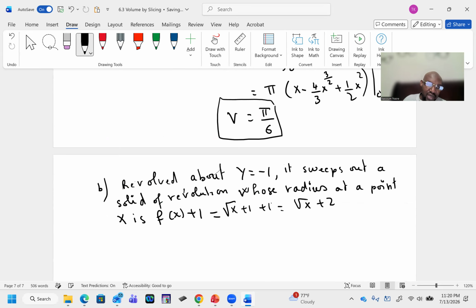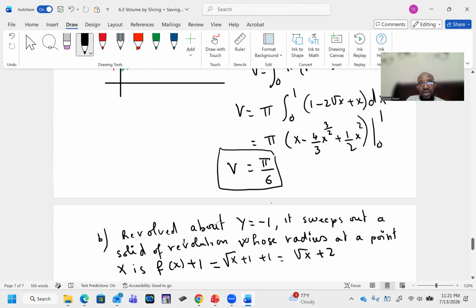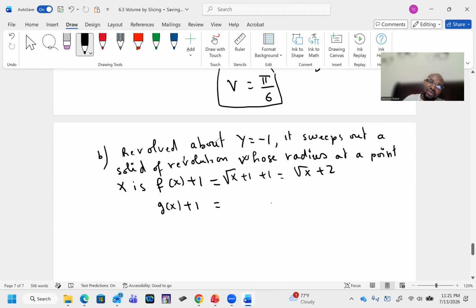And the same thing similarly when the graph of g is revolved about y is equal to -1. We have g of x plus 1, which is g of x is what? x squared plus 1, which will be x squared plus 1 plus 1, and that will give me x squared plus 2.